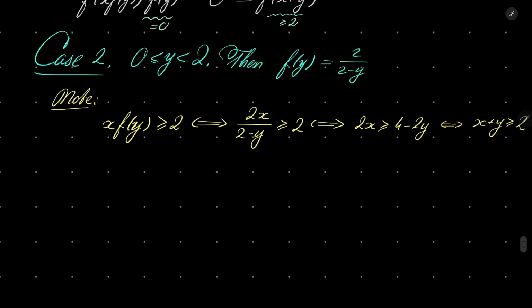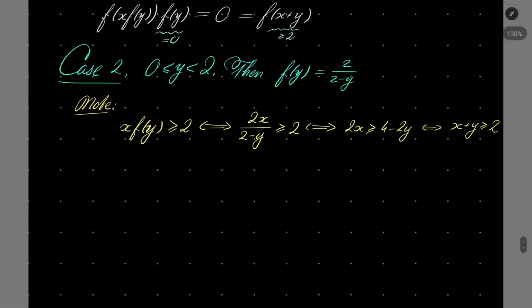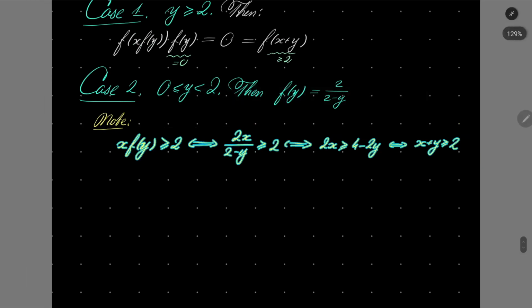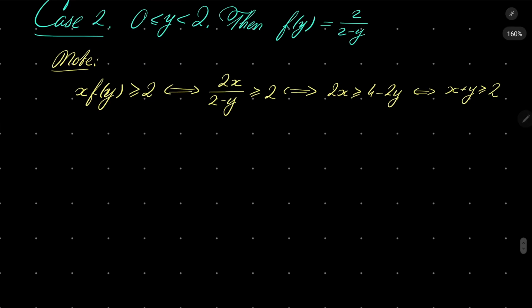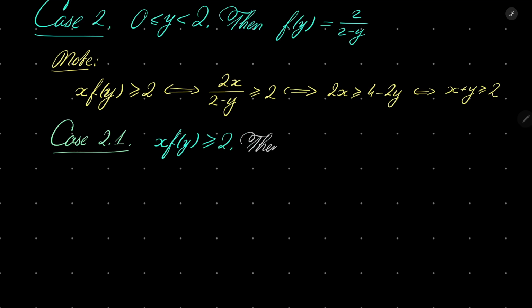So we have 2 subcases now. Let's call it case 2.1, when x times f of y is greater than or equal to 2. Well, then on the left hand side we have f of x, f of y times f of y, and that disappears.